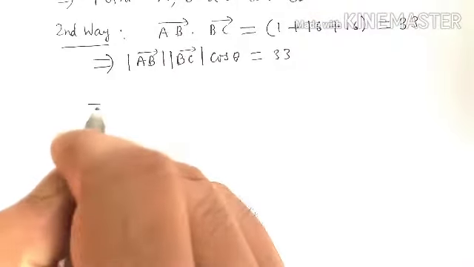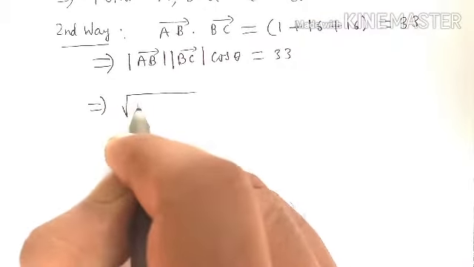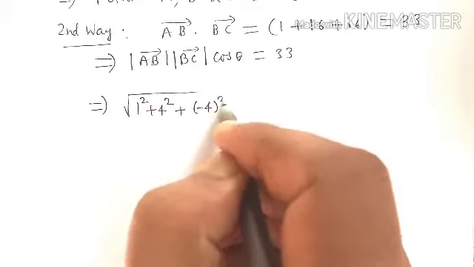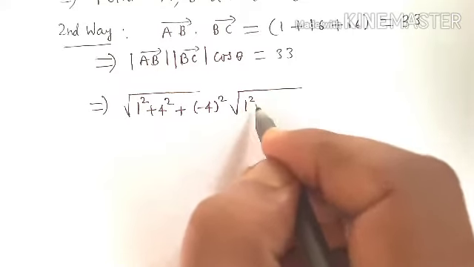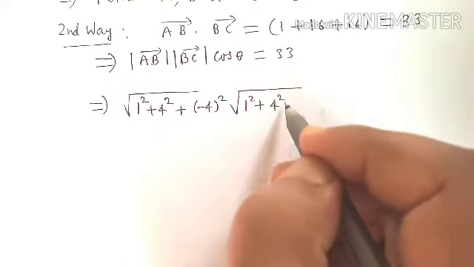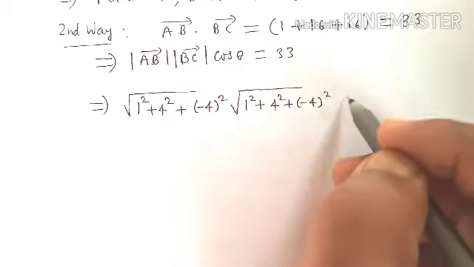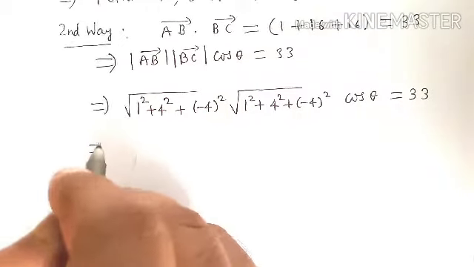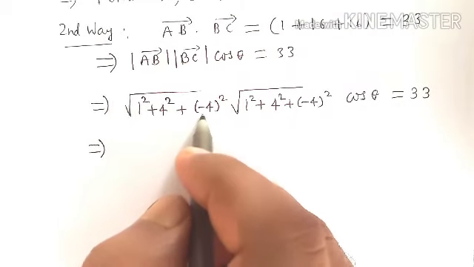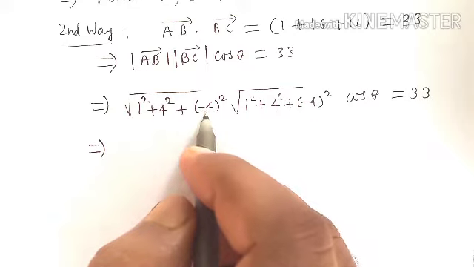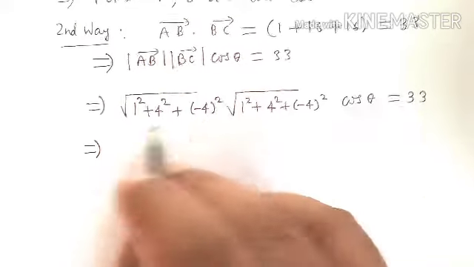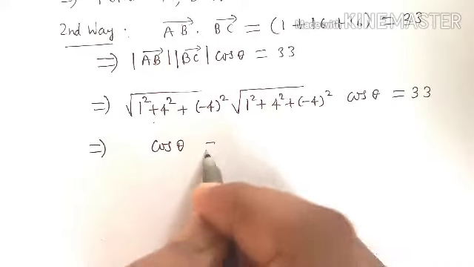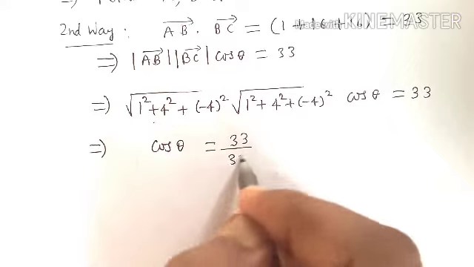Now the magnitude of vector AB is the square root of 1 squared plus 4 squared plus minus 4 squared, which is 1 plus 16 plus 16, 33, so the square root of 33. Here also we have the square root of 33. After multiplication we have 33. So cos theta is equal to 33 by 33, which is 1.